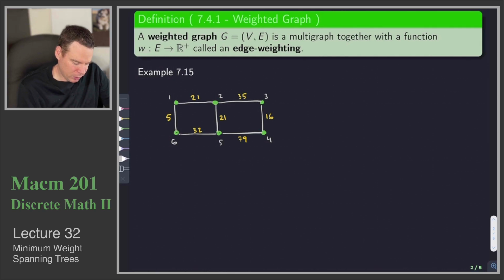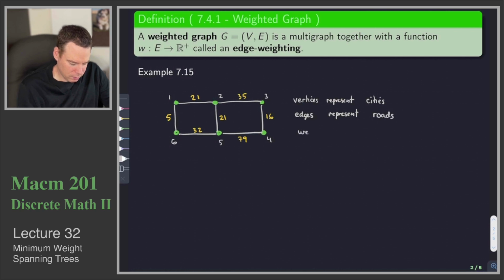Now, what could be some interpretations of this? Well, the vertices could represent, for example, cities. And then in that case, what would the edges represent? Well, those could represent roads.